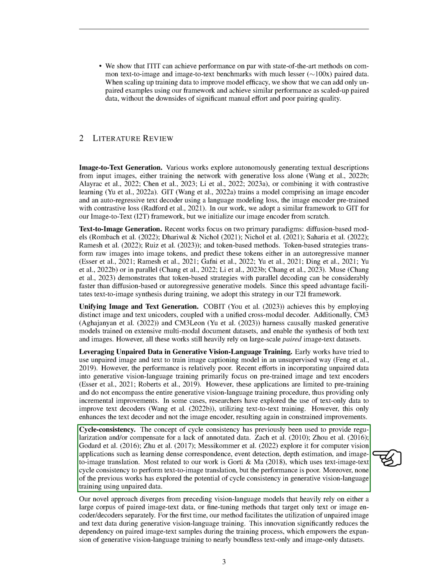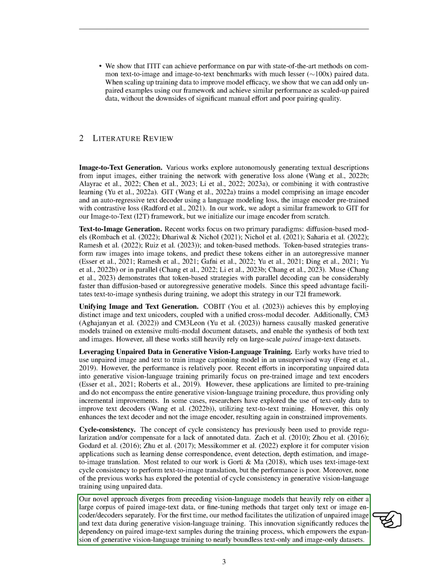However, none of the previous works has explored the potential of cycle consistency in generative vision language training using unpaired data. Our novel approach diverges from preceding vision language models that heavily rely on either a large corpus of paired image-text data, or fine-tuning methods that target only text or image encoder-decoders separately.